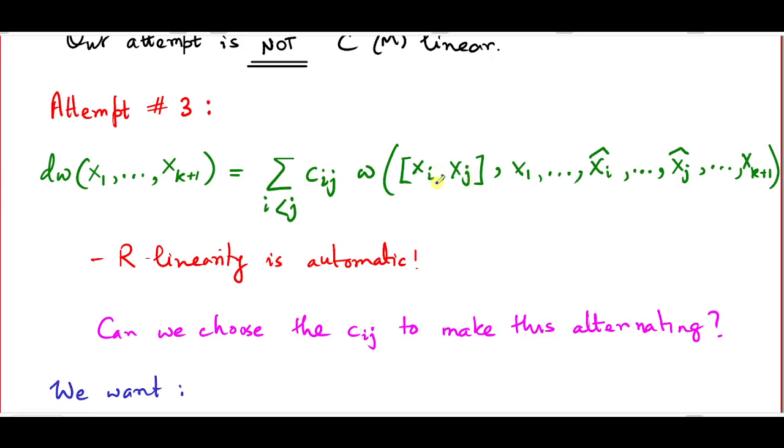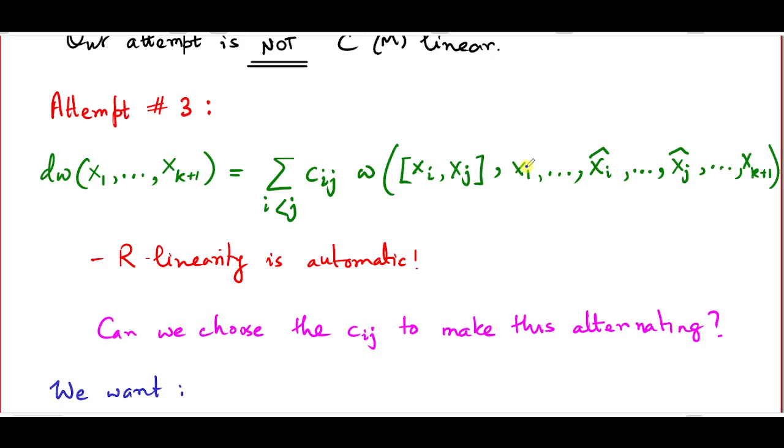Again, if i and j were p and q respectively, then you would have the Lie bracket Xp, Xq sitting in the first position of omega. And now, interchanging Xp and Xq, by virtue of the Lie bracket being anti-commuting, as far as the product is concerned, you would end up with a minus sign for that term as well. So these terms will not give us any trouble. They will actually automatically give us a minus sign no matter what Cij's we choose.